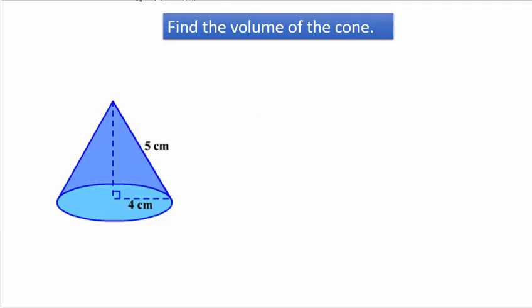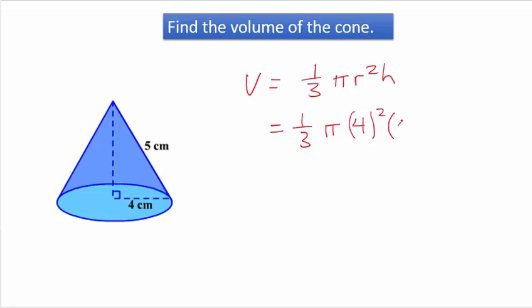Okay, so let's find the volume of this cone. We're simply going to use the formula. Volume equals 1/3 pi r squared times height, which is 1/3 pi times the radius squared, 4 squared, times the height, 5. Now, one thing you can do with that, you can just wait to multiply by 1/3. That's the same as dividing by 3.